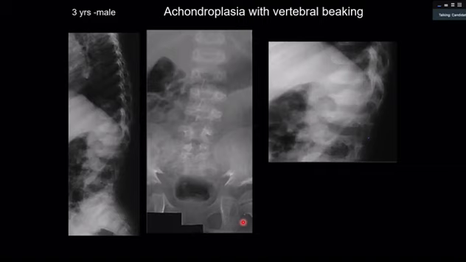On the middle image, it's a frontal projection of the lower dorsal and lumbosacral spine and showing the upper pelvis as well. I can see that there is progressive narrowing of the interpedicular distance, particularly within the sacral vertebrae. Also, the pelvic bones are abnormally shaped.